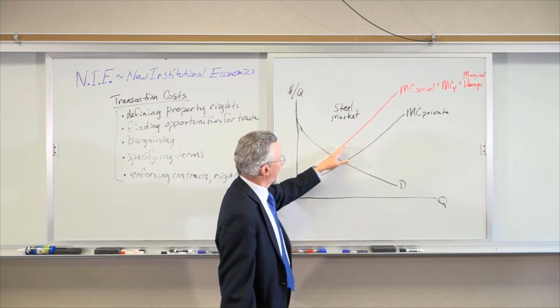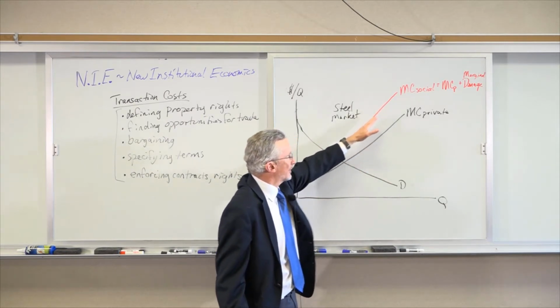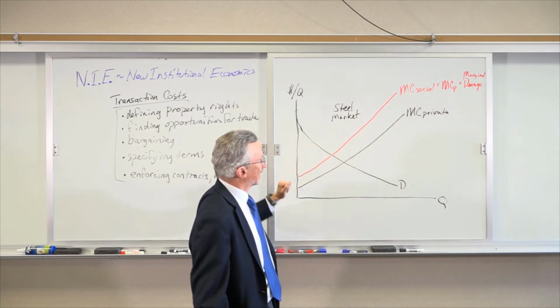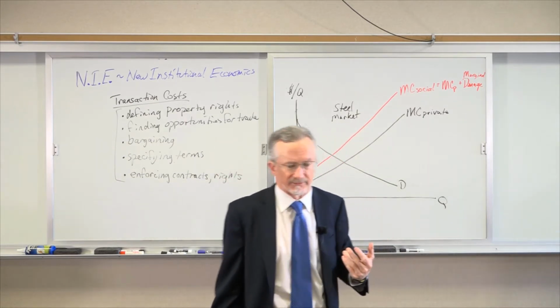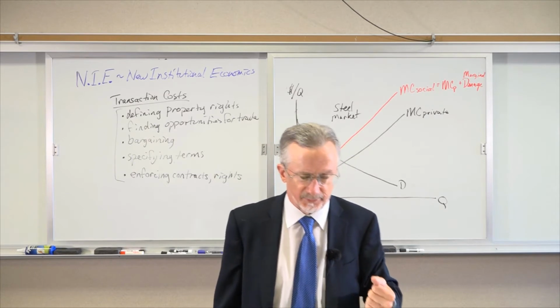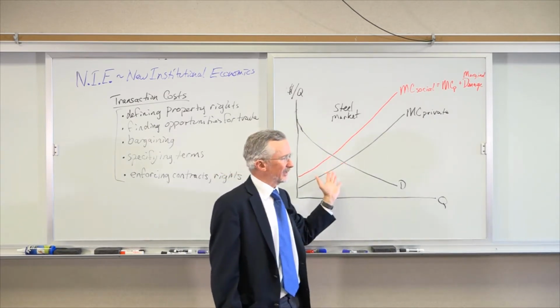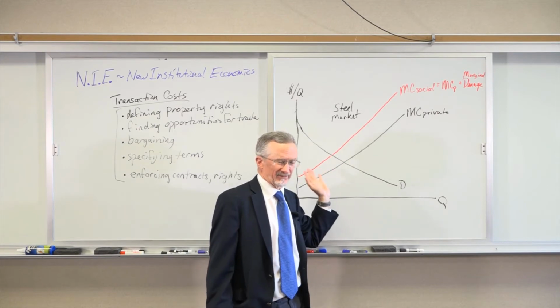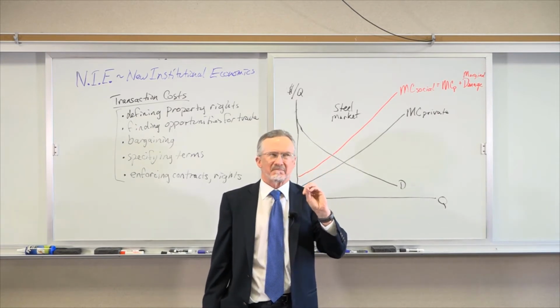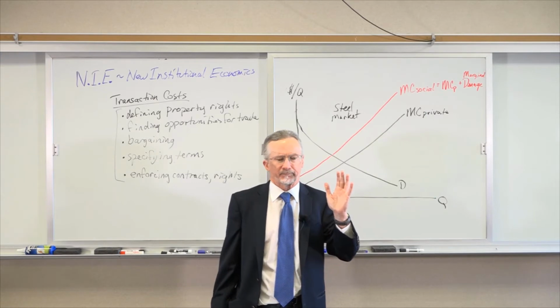And when we add that damage into account from the smoke, we get a different marginal cost curve here, the social marginal cost, as Pigou calls it. And supposing this factory, we'll have it now be a couple of factories, and they're damaging 10,000 homes.